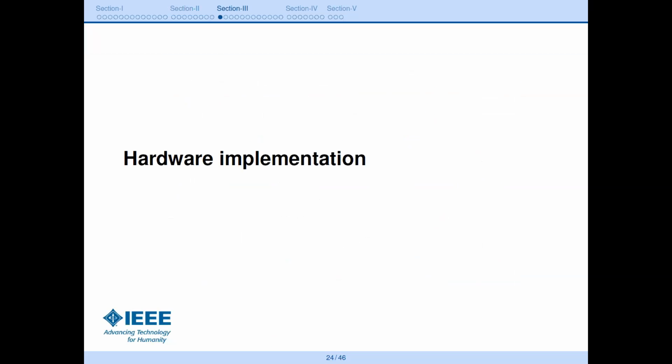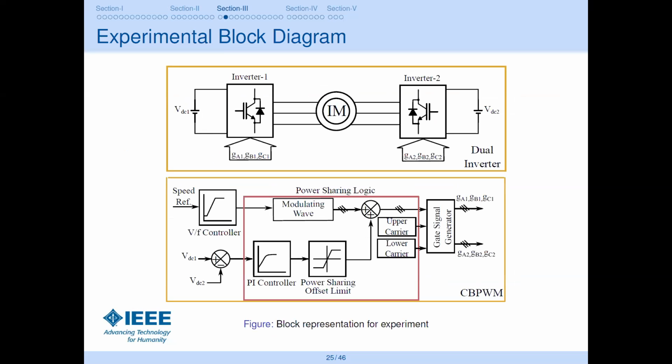So now comes how it has been implemented in hardware. To have a proof of concept for this particular technique on this particular topology, you have a two-level inverter feeding a dual two-level open-ended induction motor, and a speed controller has been used, a generic V over F, which is scalar control of the induction motor.